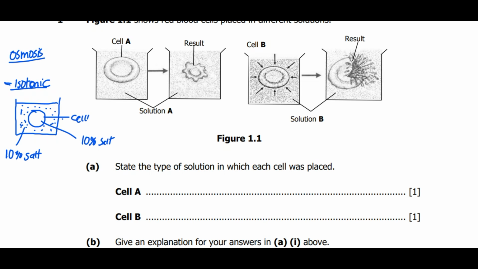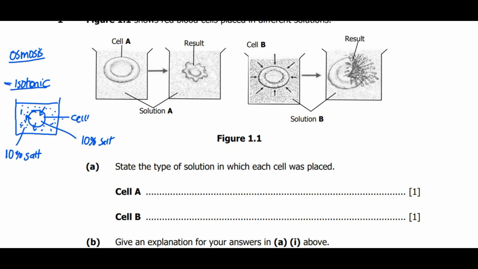So we can see that we have 2 different regions but of equal concentration. Now in this case the net diffusion will not take place. Some water will move into the cell, some will move out of the cell, and because of these movements the size and the shape of the cell will not change because the concentrations are equal.